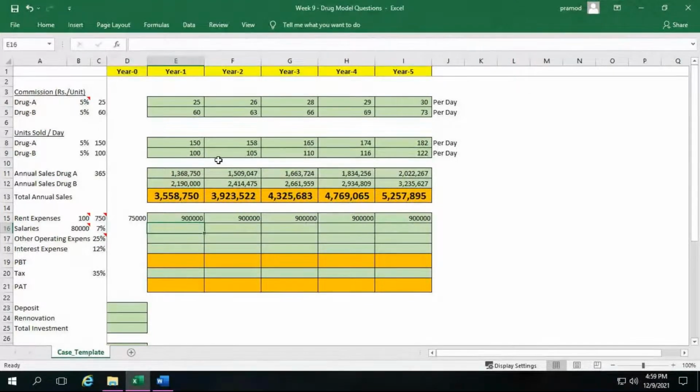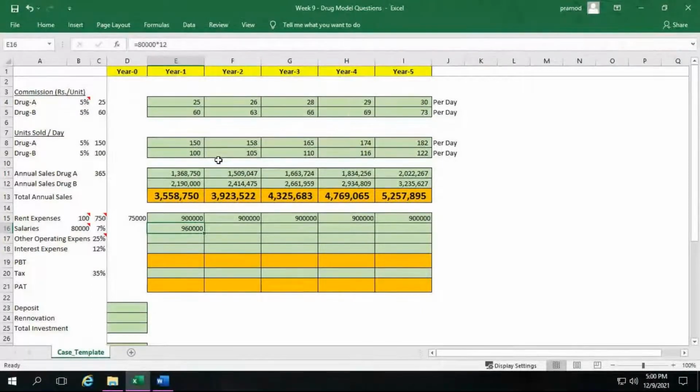The 7% we will do is the yearly growth, inflation growth from the next year.